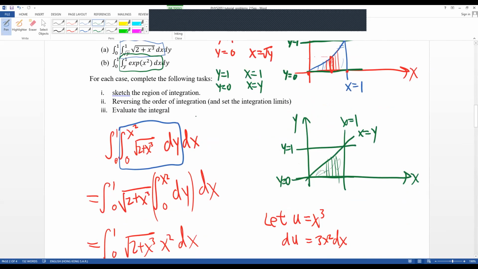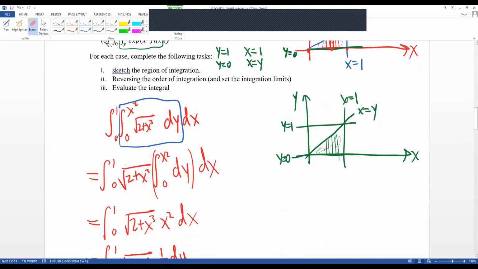So in that case, again we consider a particular value of x.